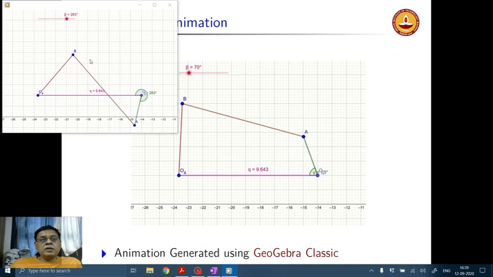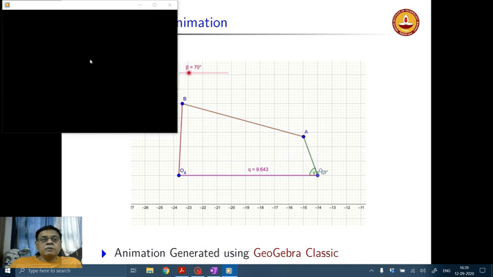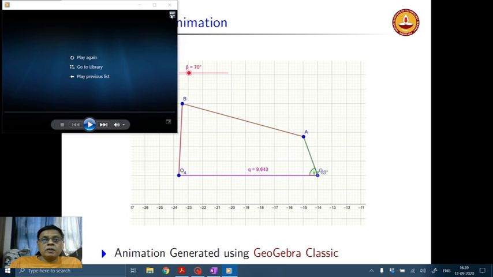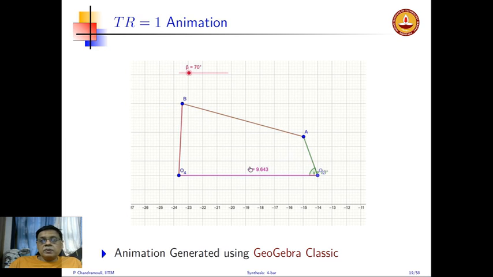Now the return stroke. Fine, good. You can see that essentially now we have been able to do the crank-rocker design.